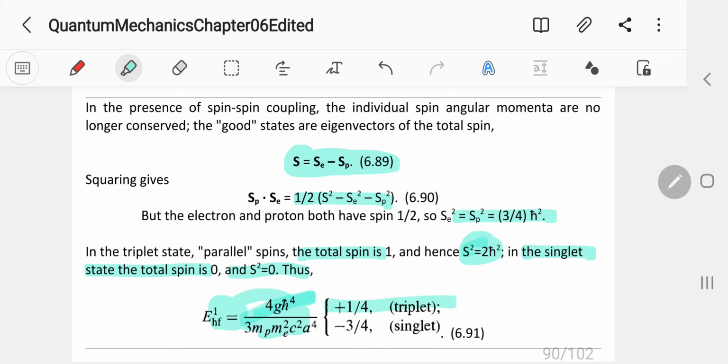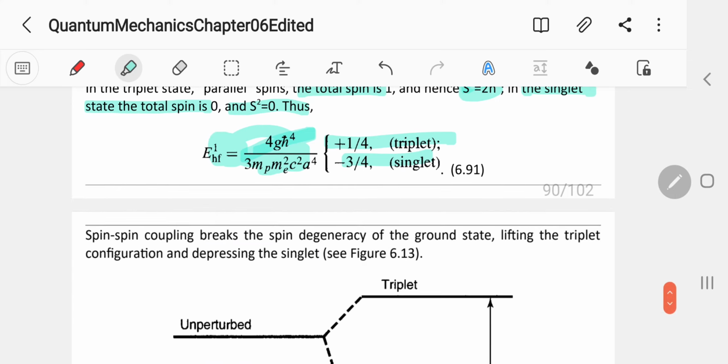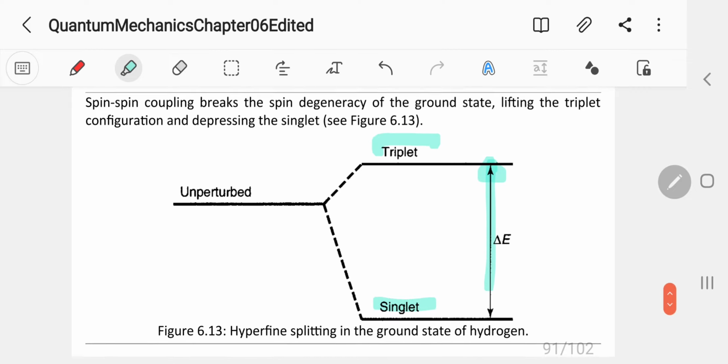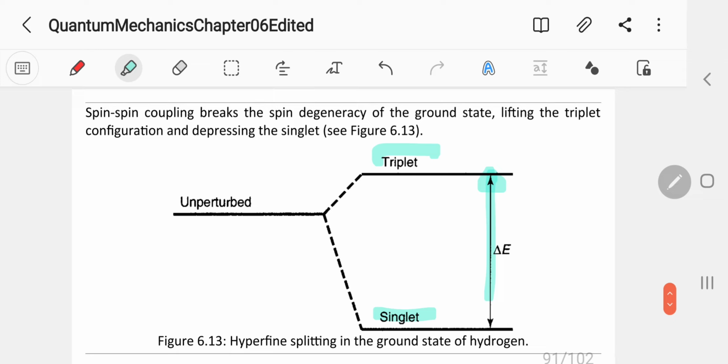So you will have 1/4 for the triplet states, and for the singlet state it would be minus 3/4, so that the spin-spin coupling breaks the spin degeneracy of the ground state, lifting the triplet configuration and putting the singlet configuration down below, putting an energy gap between the singlet and the triplet, which is delta E here. This is the hyperfine splitting in the ground state of hydrogen.